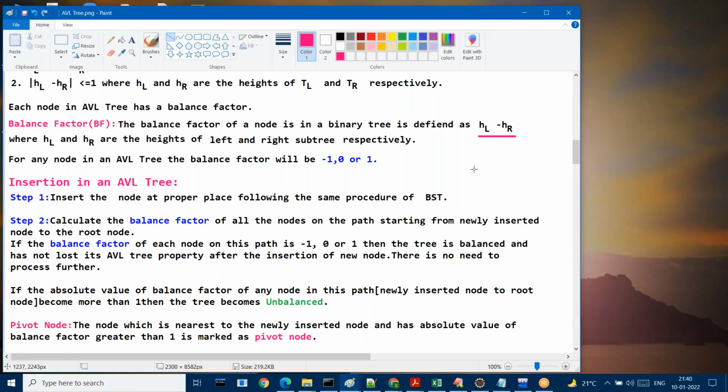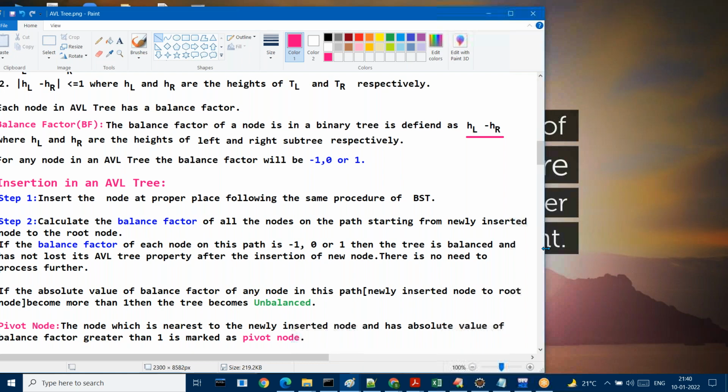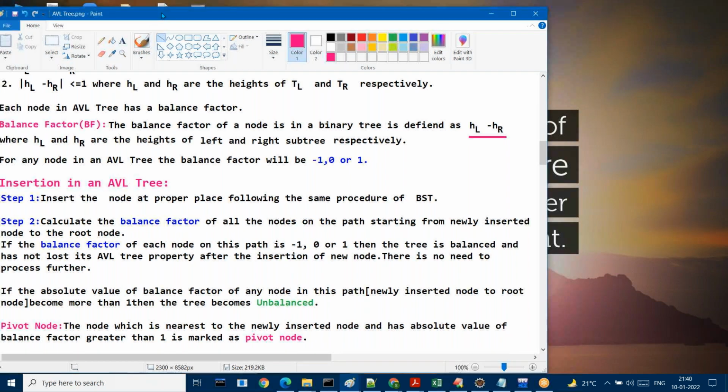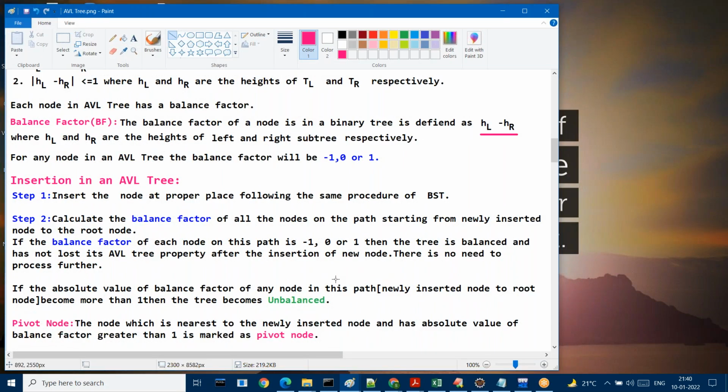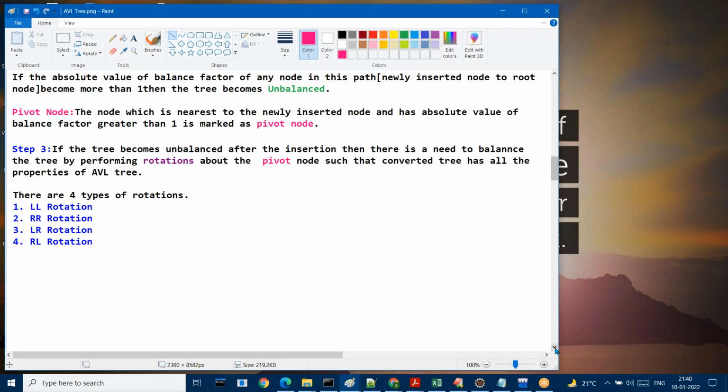Suddenly if you find that one node has a balance factor other than these three values, other than -1, 0 or 1, immediately tell, sir, the tree is unbalanced. If the tree is unbalanced, what do you need to do? Sir, I need to make the tree balanced. How can you make the tree balanced? Sir, I need to perform rotation. What kind of rotation? Four types of rotations are there. Today we are going to learn that rotation.